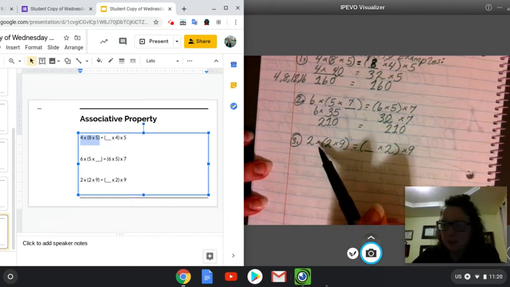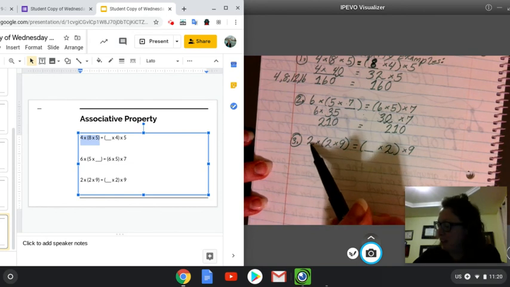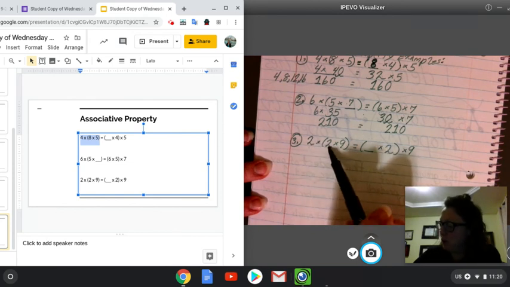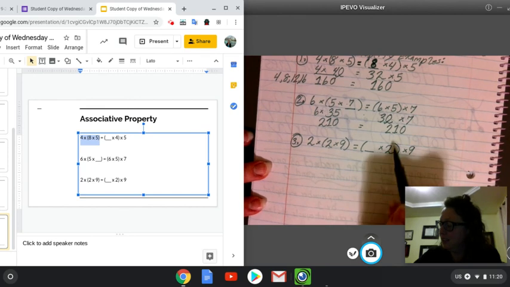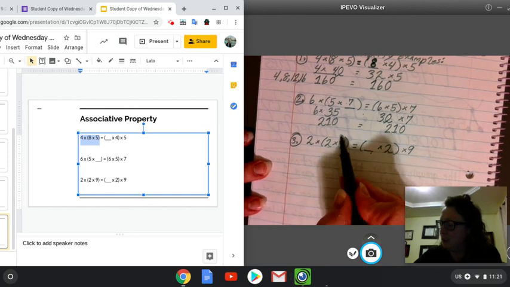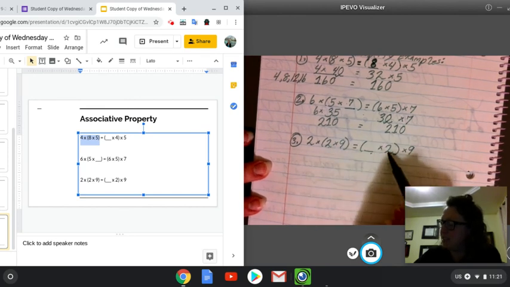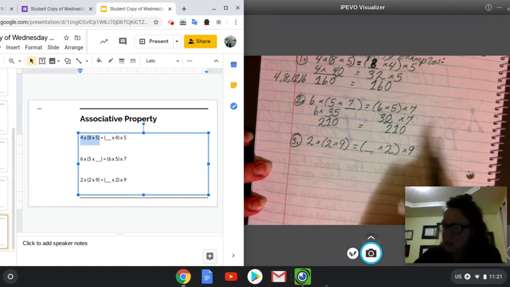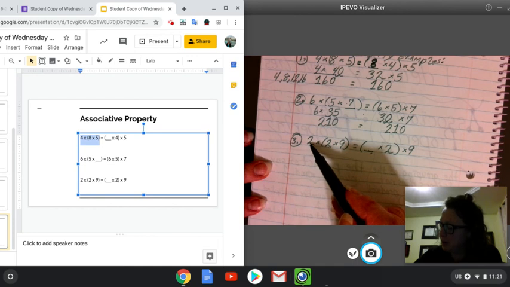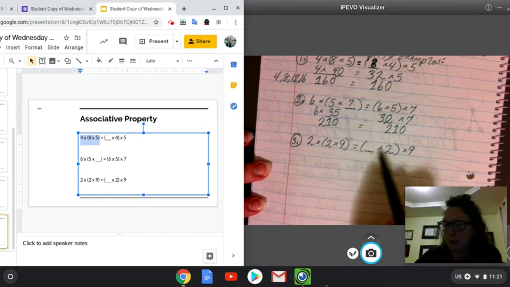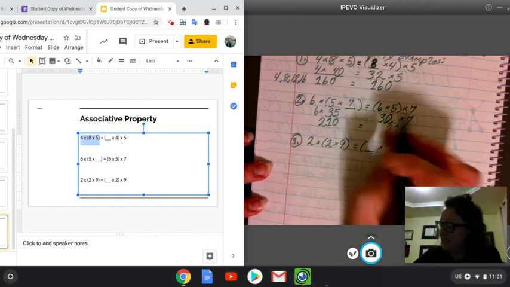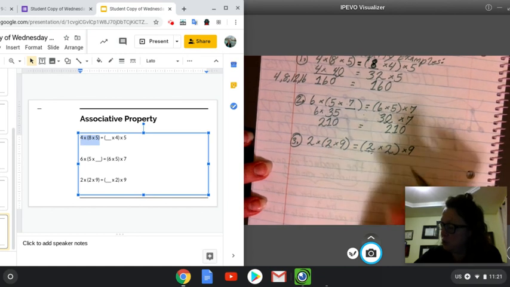Now, if I look over here, I see that my factors are a 2 and a 9. Over here, not worrying about the parentheses, I see some number, a 2 and a 9. So I know that the only factor missing from the right side that I see on the left side is a 2.